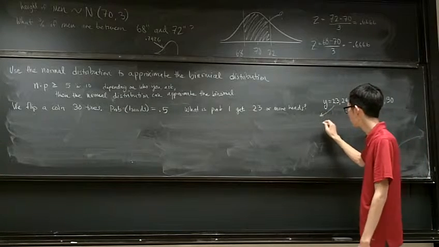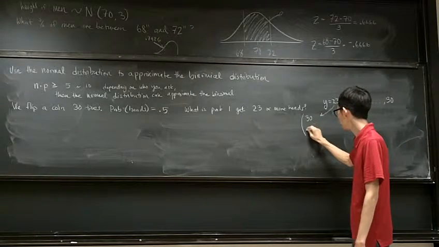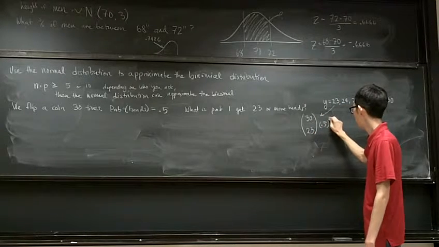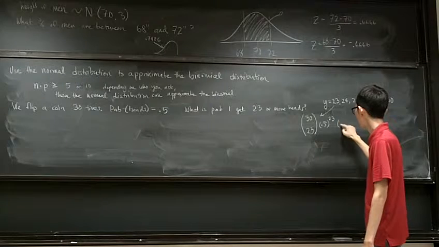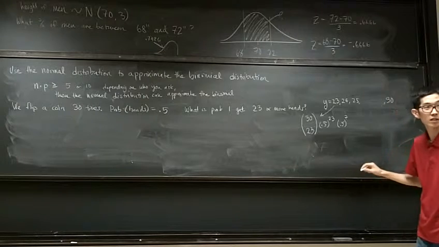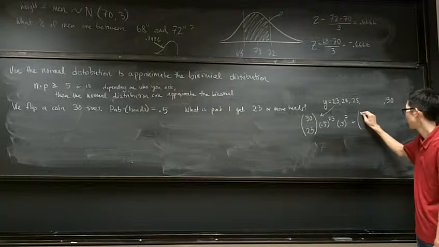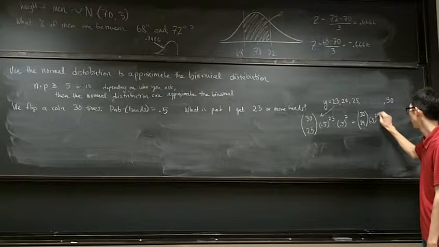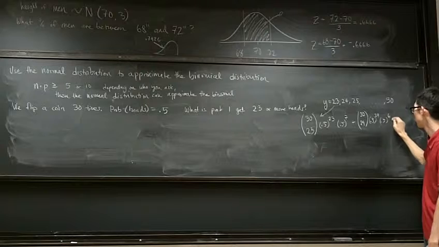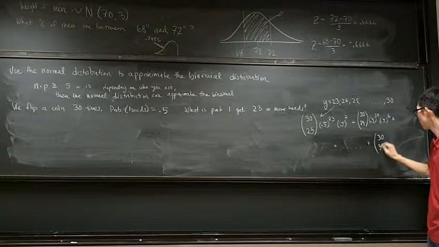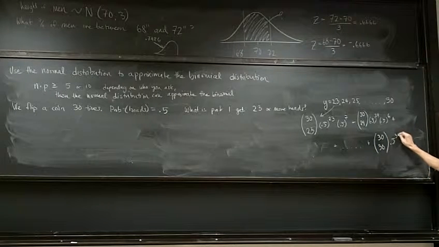And for every single one, I would have to do 30 choose 23, 0.5 to the 23, and 1 minus 0.5, which conveniently is also 0.5, to the 7, okay? Plus 30 choose 24, 0.5 to the 24, 0.5 to the 6, okay? Plus all the way up to 30 choose 30, 0.5 to the 30, 0.5 to the 0.